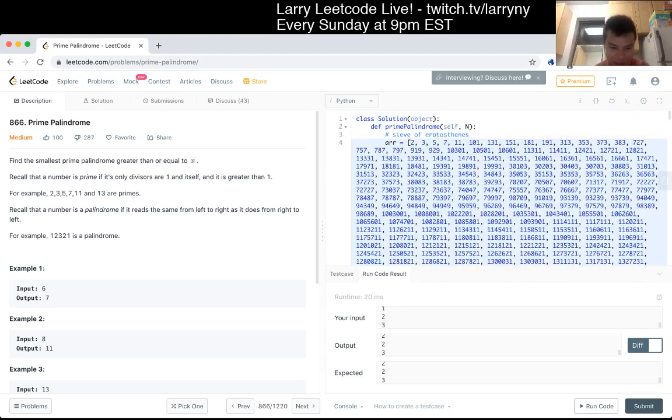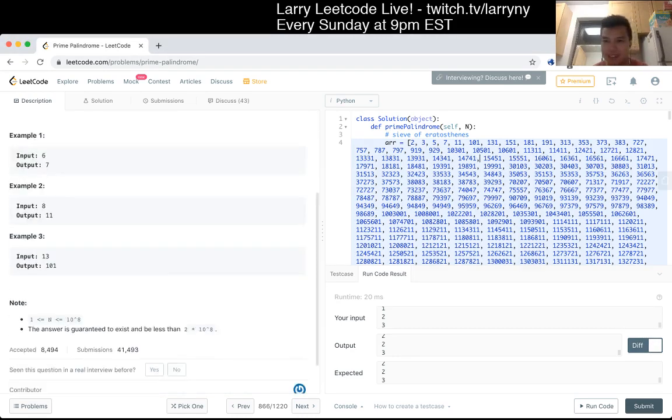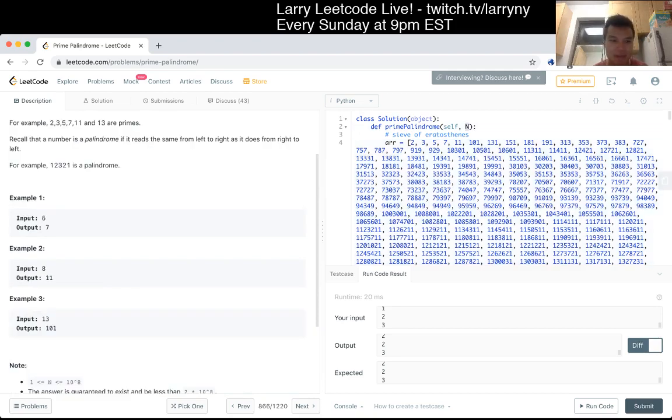Let me try to find my code, because I want to talk about the complexity a little bit. Complexity for this is always a little tricky because the input in terms of bits is tricky. In this case we have two parts. One is the pre-calculation, which is what I ended up changing it to. Let me double check.